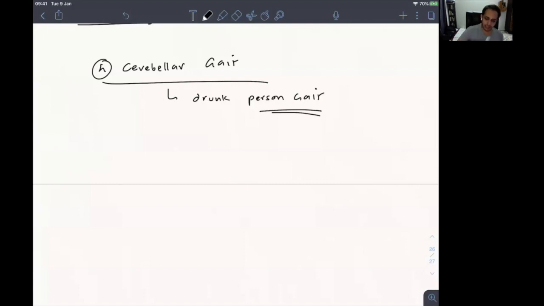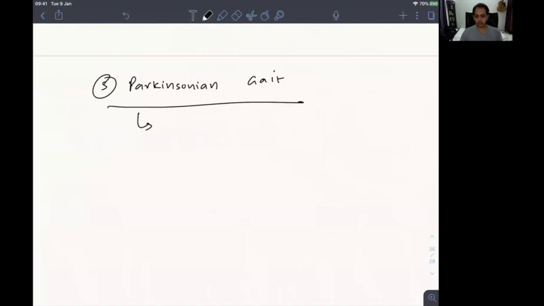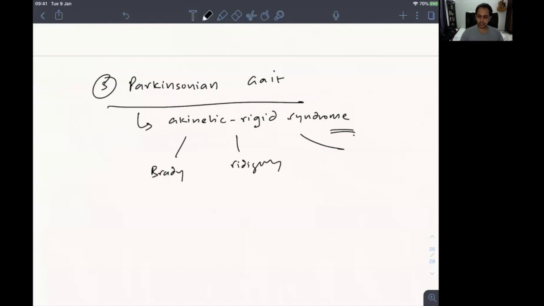And finally, last two things. One is known as the Parkinsonian gait. The Parkinsonian gait is classically known as the akinetic rigid syndrome. And the main aspects of this are bradykinesia, rigidity, and tremor.